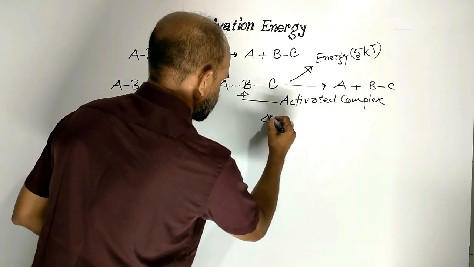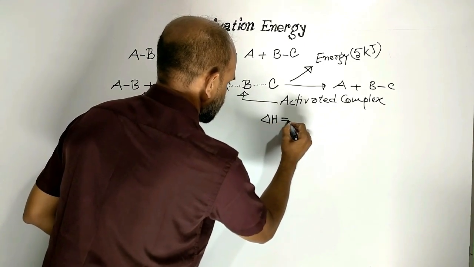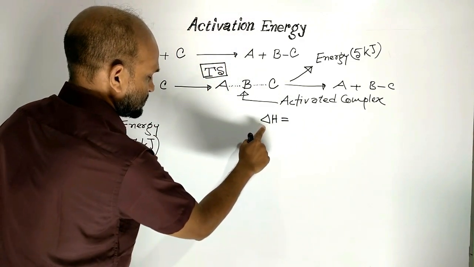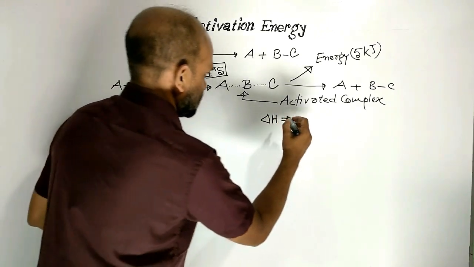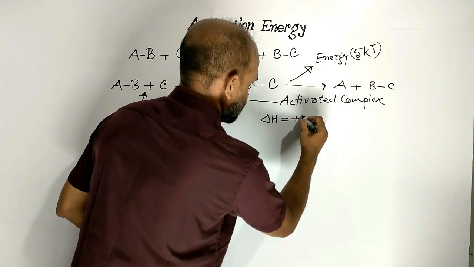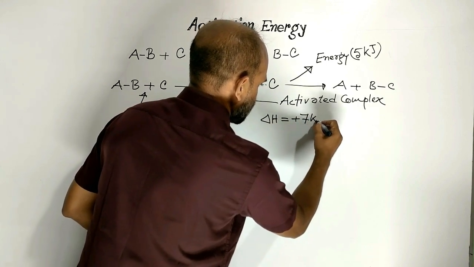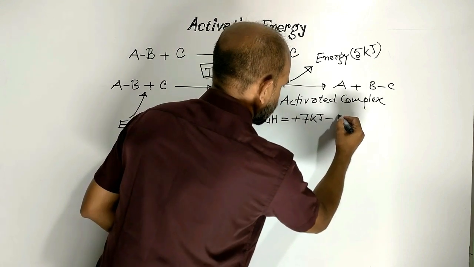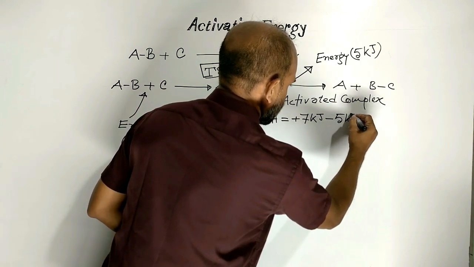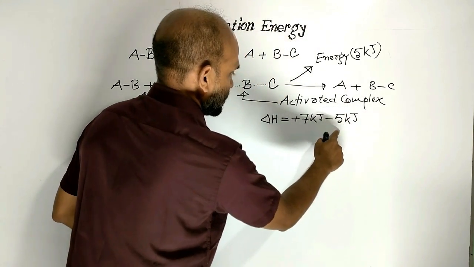Here we see what is the difference. Delta H means heat of reaction. That is, it absorbs 7 kilojoule heat and releases 5 kilojoule heat.